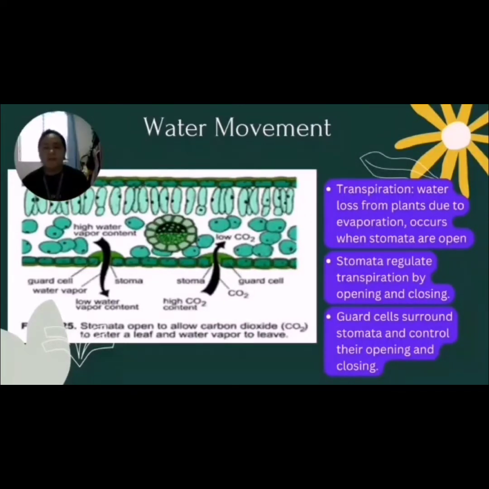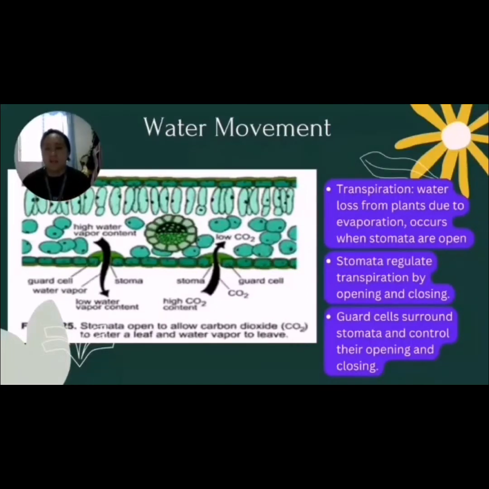As discussed earlier in this video by the previous presenter, stomata are the small openings on the surface of the leaf that allow gas exchange, and that includes water vapor.